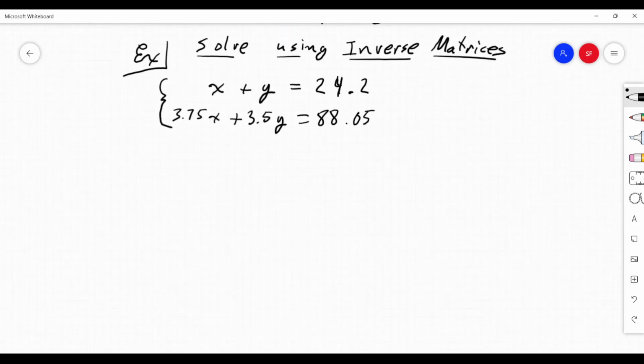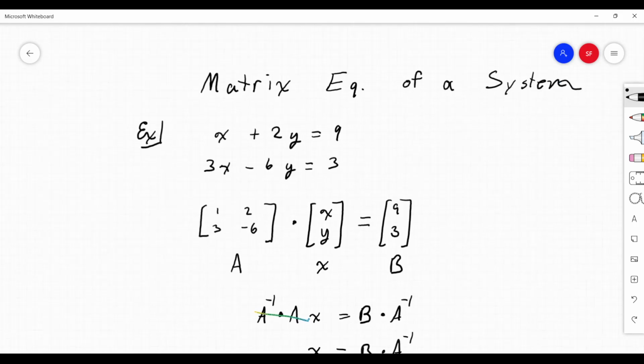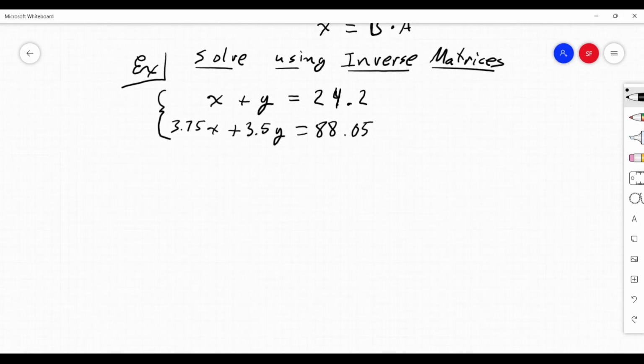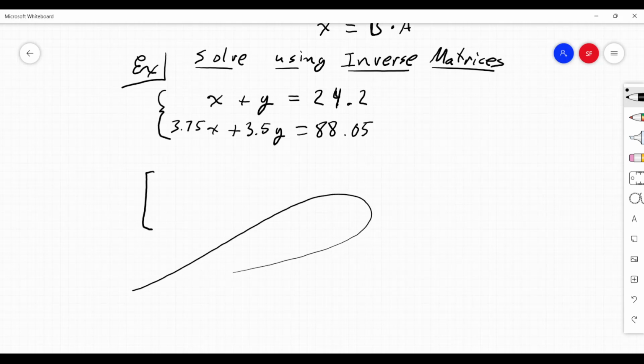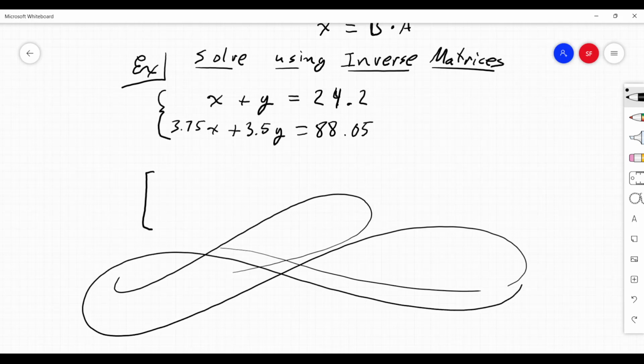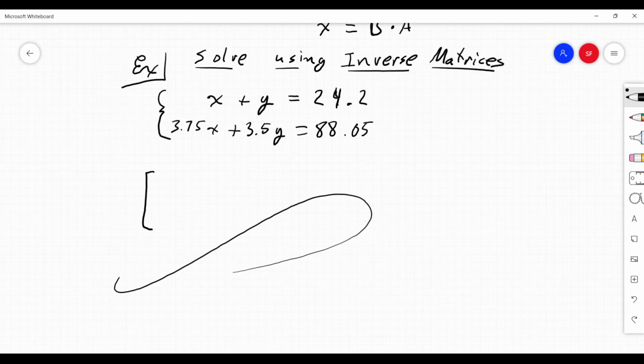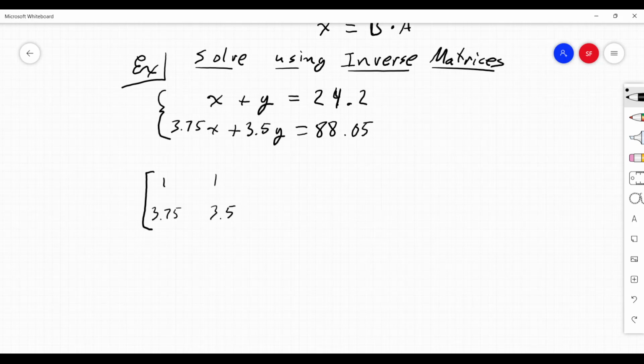So, first thing we're going to do is set up our matrix equation for this system. What would the matrix equation for this system be? What would the first one be? How about 1, 3.75, 3.5, yes.